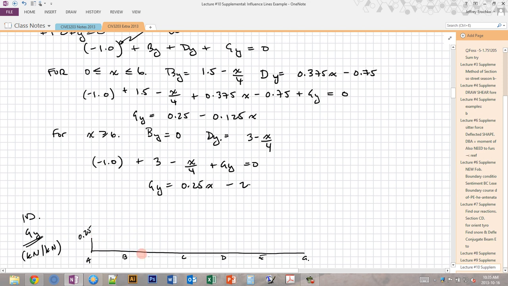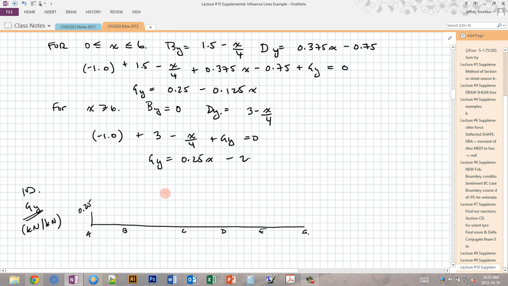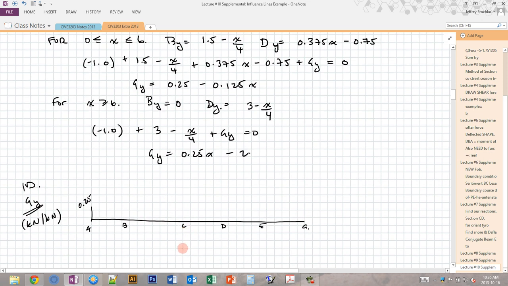Then at 6, we sub 6 in here, and we get that at C, which is at 6, we have negative 0.5. So it's going to look like this.